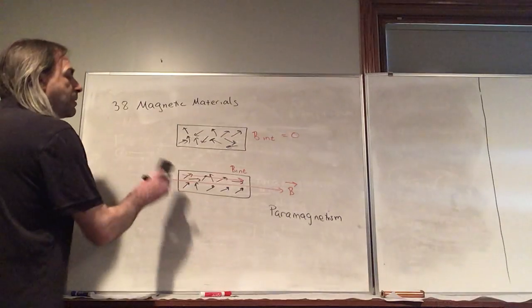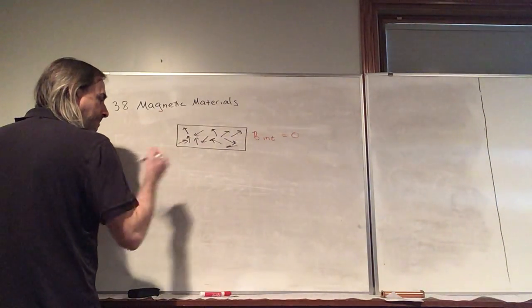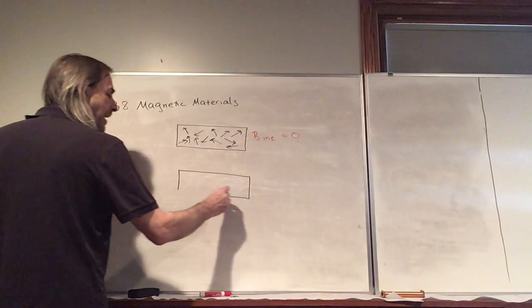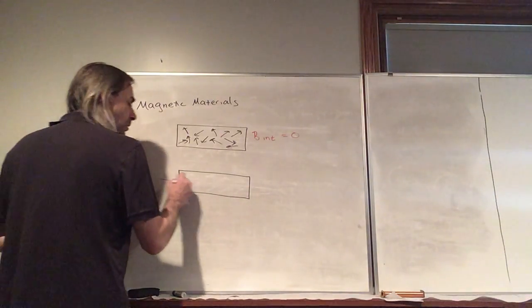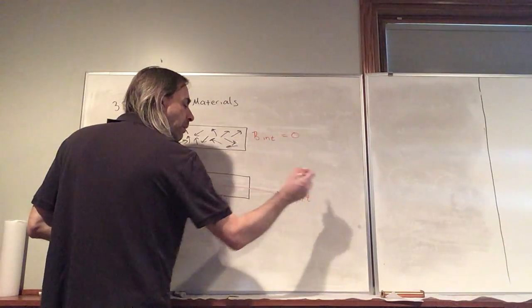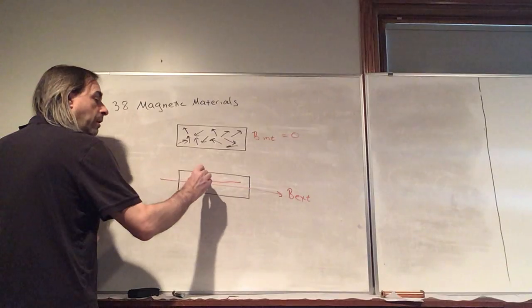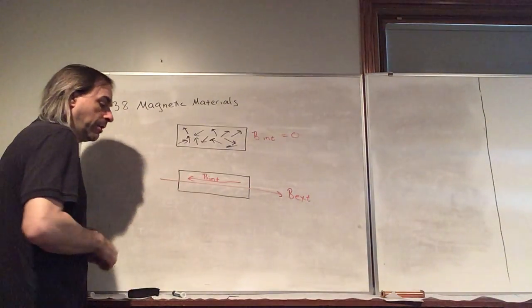Now next we want to talk about something called diamagnetism. I won't draw the atoms here, but say we have an external field. And what happens for a diamagnetic material, actually this happens for all materials.